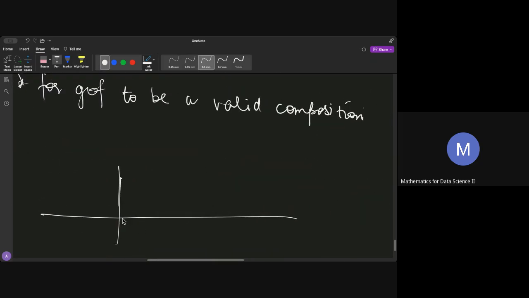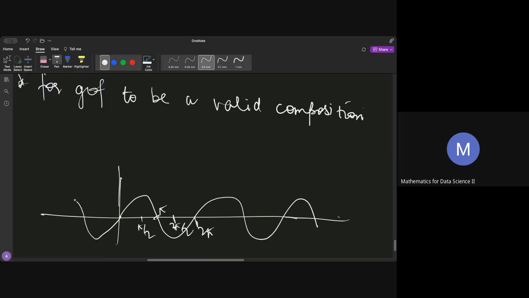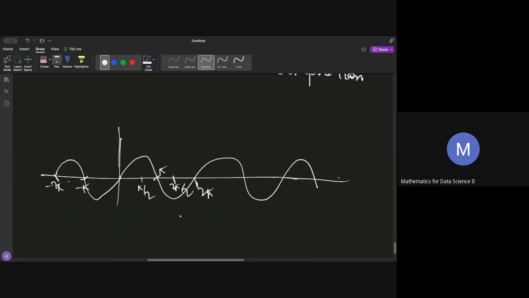So sin x looks like this. And this is 2 pi, this is pi, this is pi by 2, and this is 3 pi by 2, right? And on the negative side, we have the same cycle. This will be minus pi, this will be minus 2 pi. Now, where do you think is sine positive? Sine is positive here, right?